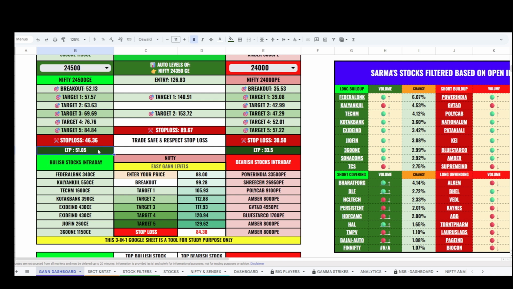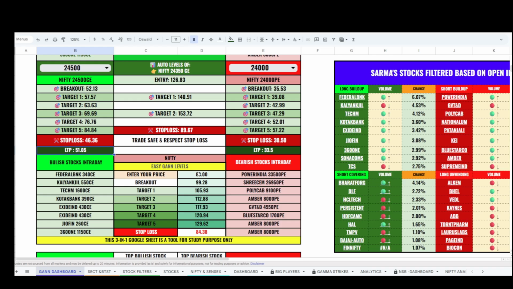Everything is given. LTP is also given. So this is an easy to use, user friendly sheet that is useful in intraday trading for Nifty traders.